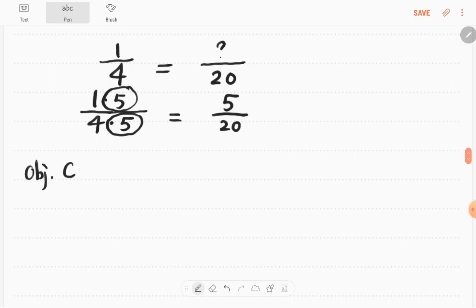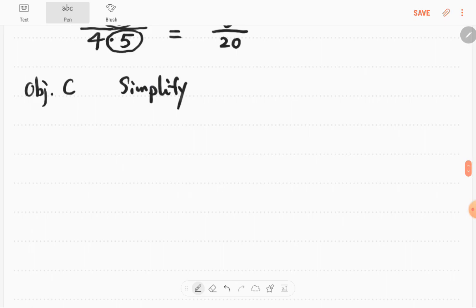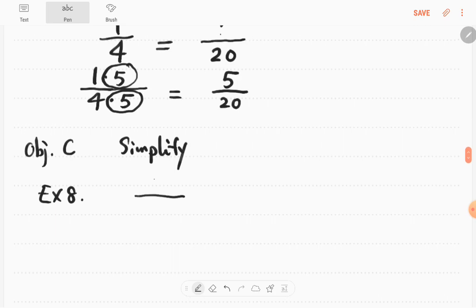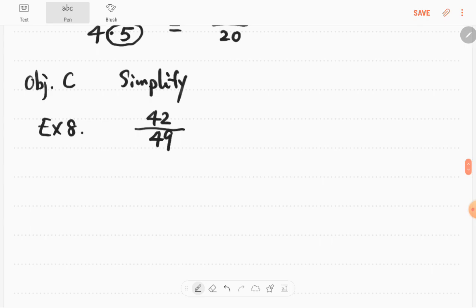Objective C is to simplify. Okay, let's check example 8. If we want to simplify 42 over 49, we should write our fraction like this. 42, we can write as 6 times 7.